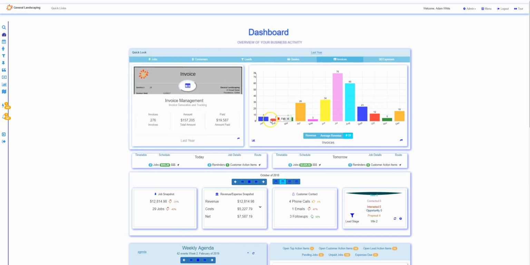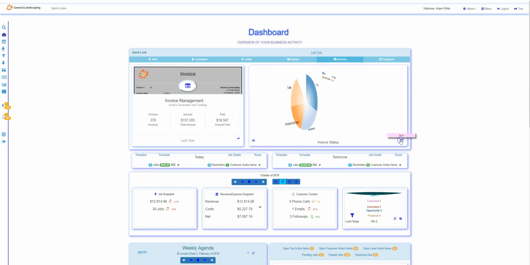The bar chart shows us how many invoices we've done per month in terms of revenue, average revenue, so this would be per invoice on average, and the total number of invoices that we sent. The invoice status, some are late, many are paid, some have no balance, we have to check that out, and some haven't been sent.